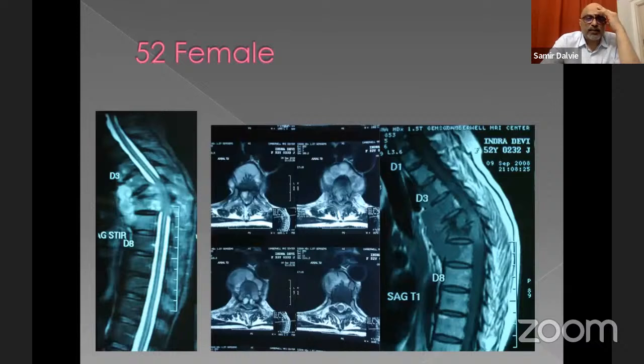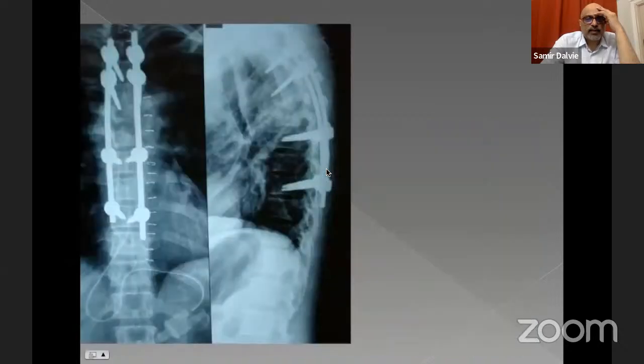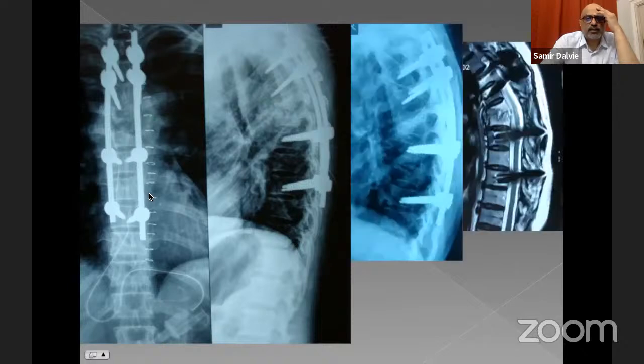You can see severe multi-level destruction with cord compression, signal changes extending all the way, a dense neurological deficit, a lot of disease. And this is the abscess which you can see. This patient was also treated with transpedicular decompression, posterior approach. From one side, we go anteriorly and remove everything and put in a posterior cage. As you can see in the post-op MRI, it's completely decompressed.